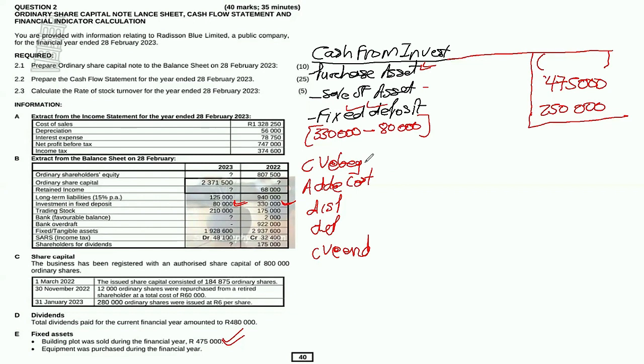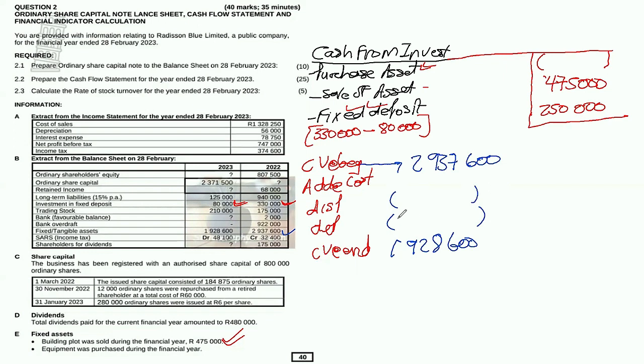Our carrying value at the beginning is given here: fixed tangible assets at the beginning was 2,937,600. Then at the end was 1,928,600, right? Then our depreciation is in brackets, as well as our disposal.